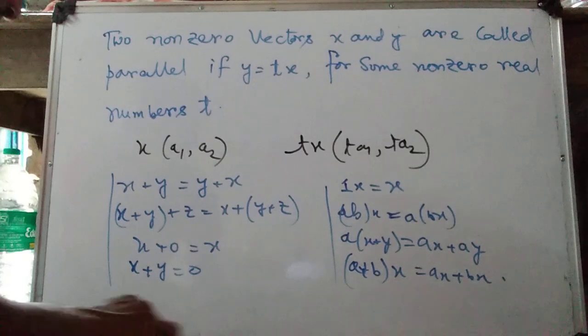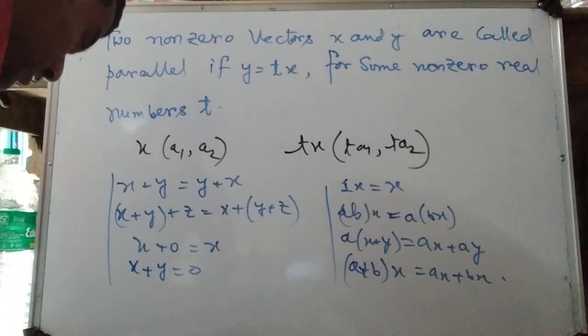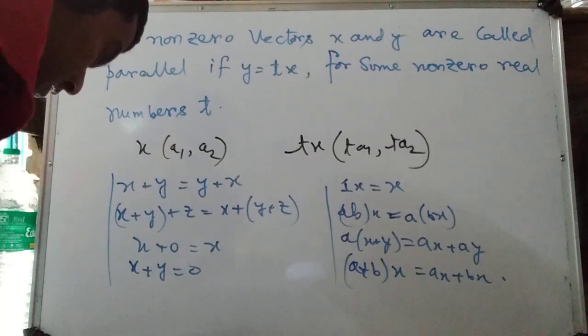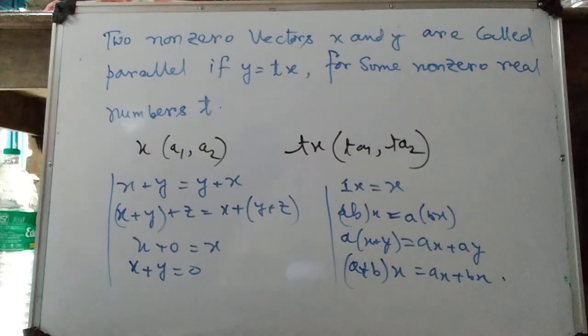Now we are also going to discuss another topic. That means if a line in space passes through two distinct points a and b, then what happens, we also discuss today. That means two vectors are parallel.